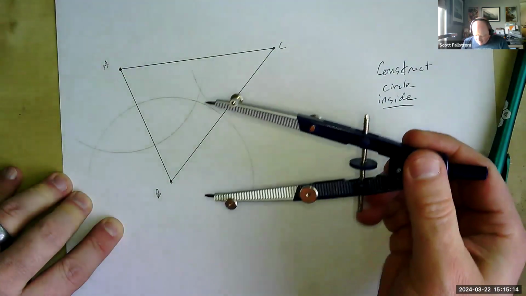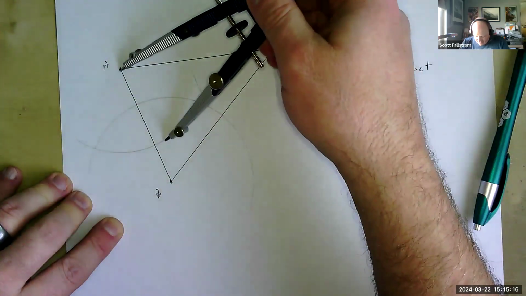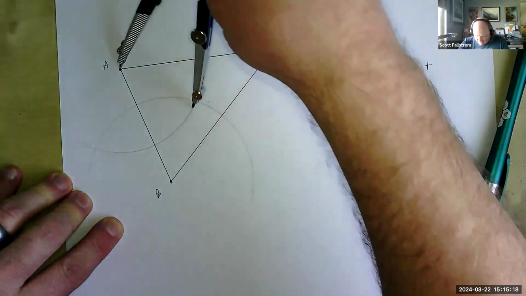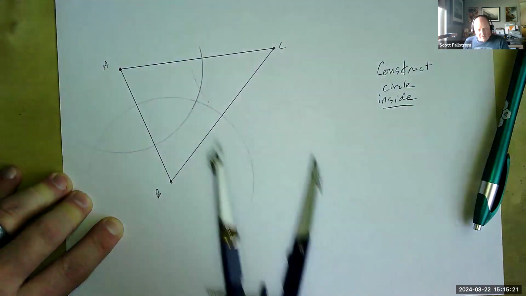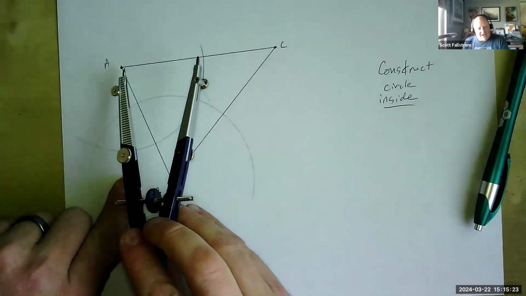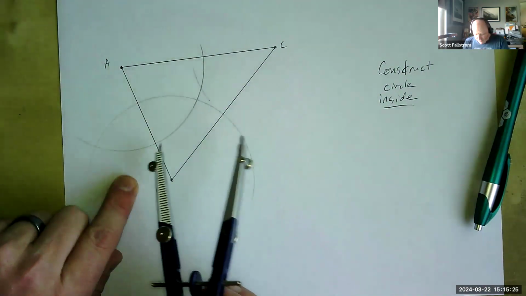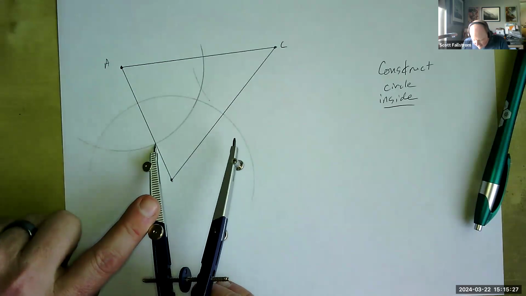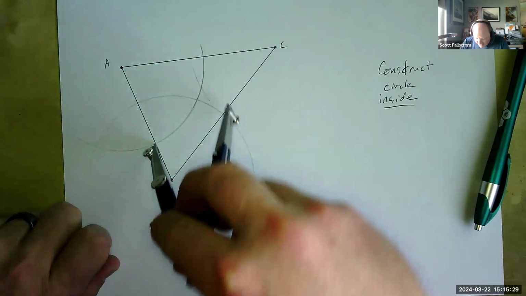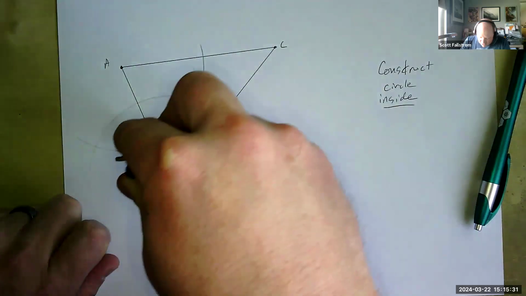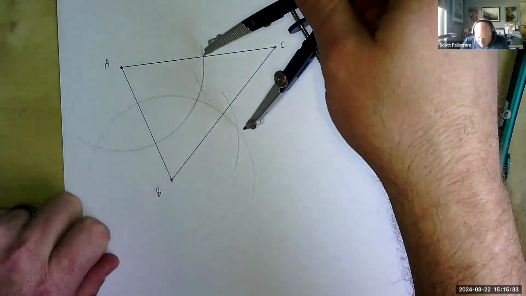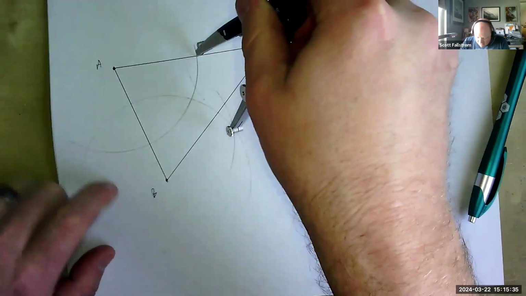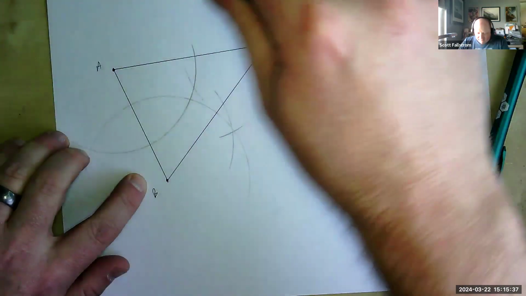Let's see here. I think I needed to bring this all the way over to the sides. I'm not sure why I didn't. There we go. So for the first one, for A, I come and I mark these 2 points on the sides, and then I create from that point a new point out in the middle, and from the other point, a new point out in the middle.